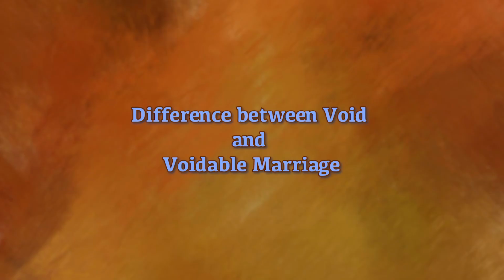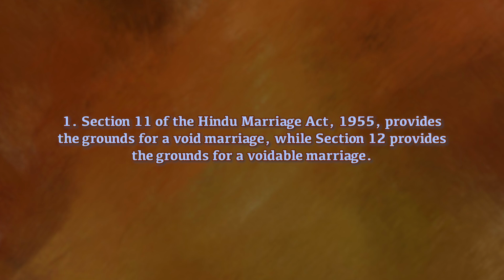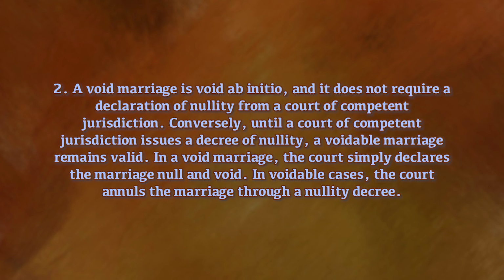Let's have a brief overview of the difference between the void and voidable marriage. Section 11 of the Hindu Marriage Act 1955 provides the grounds for a void marriage, while Section 12 provides the grounds for a voidable marriage.